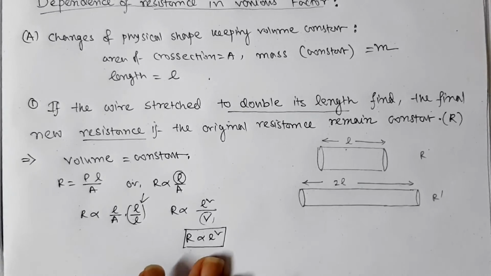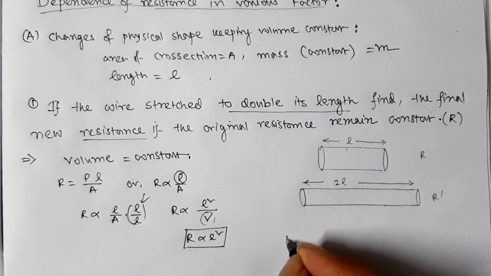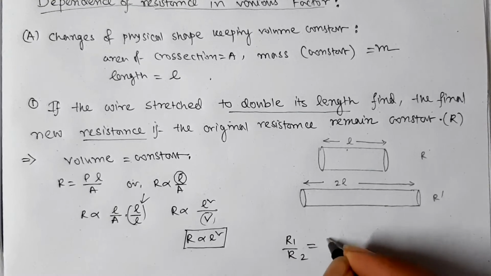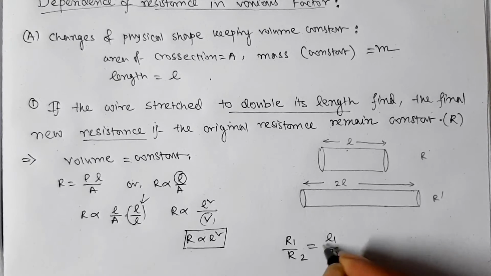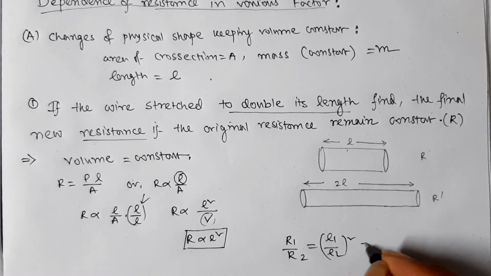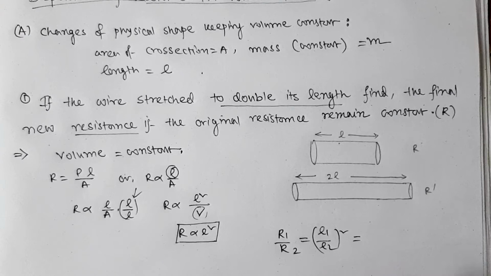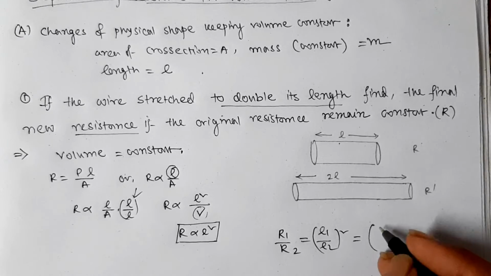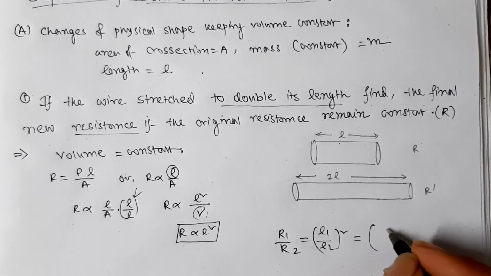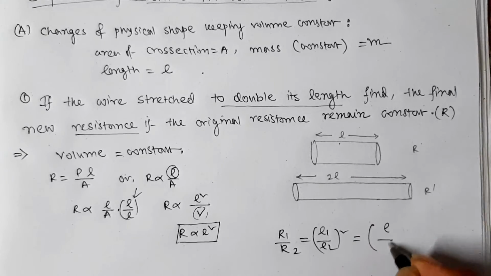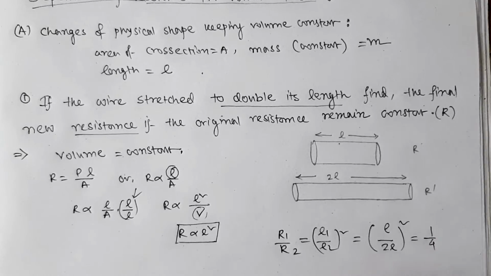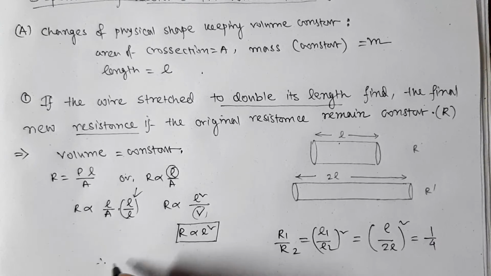Now R1 by R2 is equal to L1 by L2 the whole square. If it is L and 2L, then it is 1 by 4.